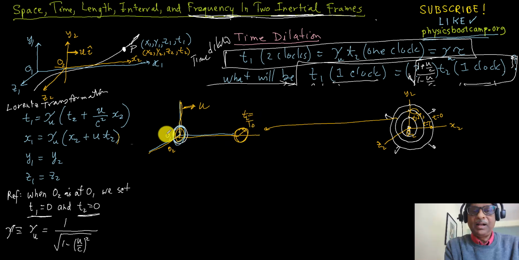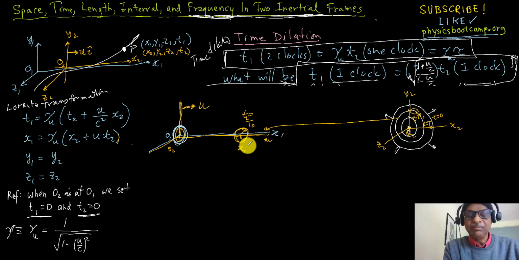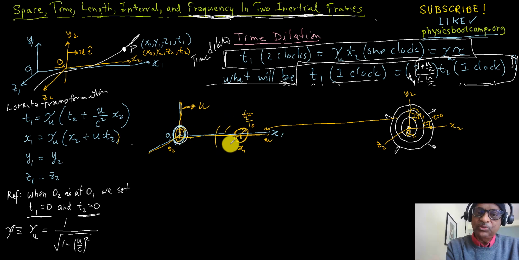Now I need to compare. This signal will have been at some point x1 along the common x-axis. I'm not comparing this time to another clock over here, but I need to come back here and compare to this clock. So when would this wavefront actually reach over here? This is x1 over c, delta t later.